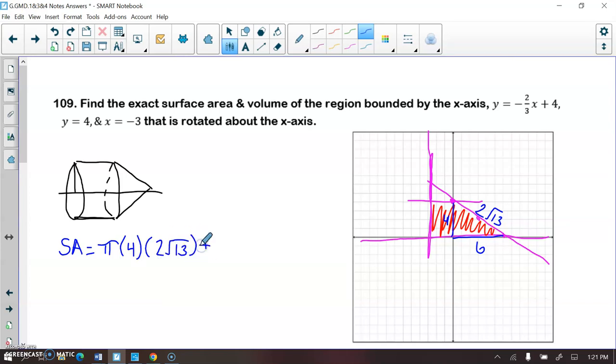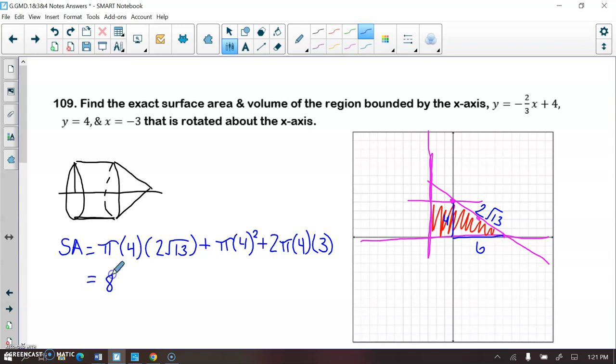Then I'm going to add on 1 base of my cylinder, so pi times 4 squared, plus 2 pi r times the height of my cylinder, which is 3. This is still the cylinder. So this is the surface area.